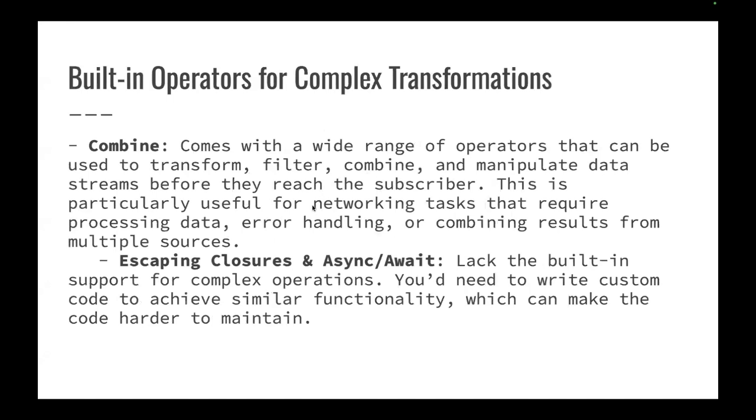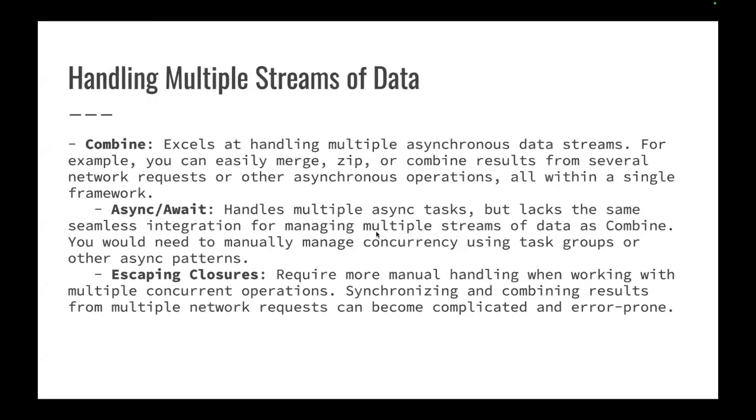Yep, and of course there are built-in operators in Combine that escaping closures don't have. Handling multiple streams of data. Async await and escaping closures don't really handle multiple streams of data as well. Combine is made for that.